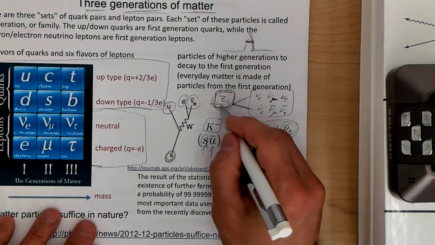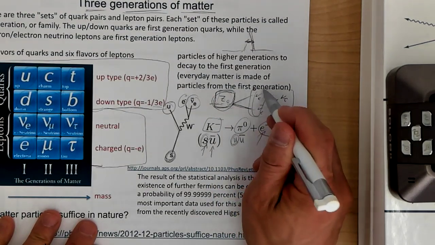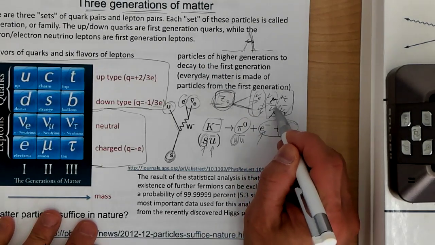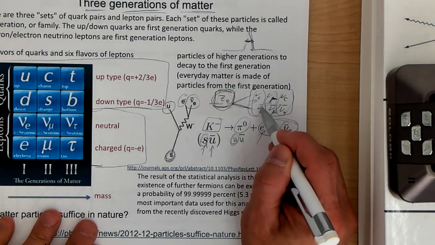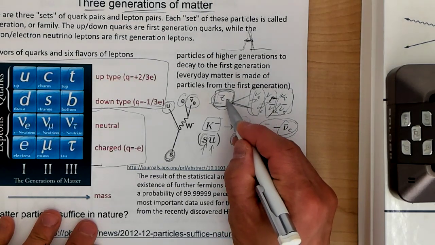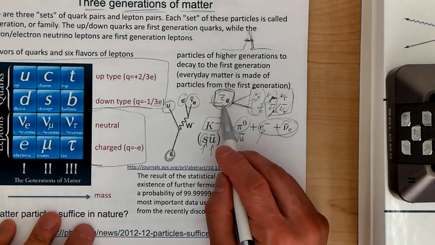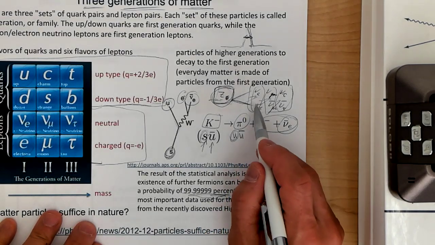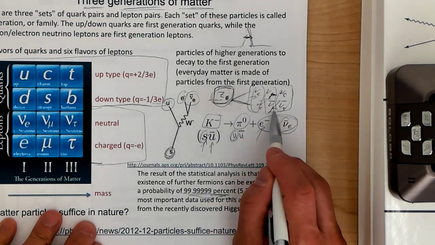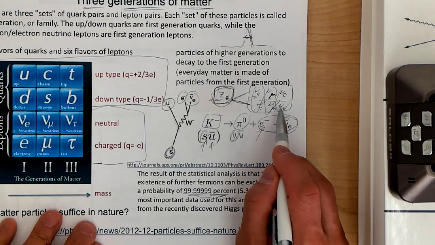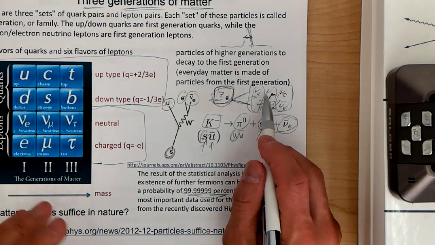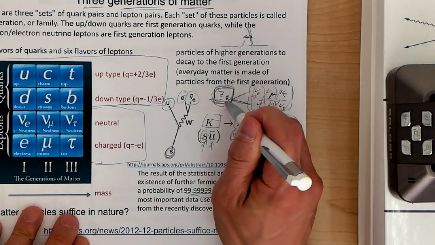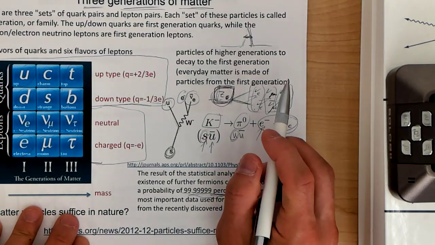And by measuring the width of this bump, you can actually make a very clean prediction of how many pairs of neutrino-antineutrinos the Z0 particle can decay into. And the result is that to a very high certainty, there are only 3 pairs of neutrinos that the Z0 can decay into, suggesting there are no extra generations of neutrinos that couple to the Z0 with any significant strength.